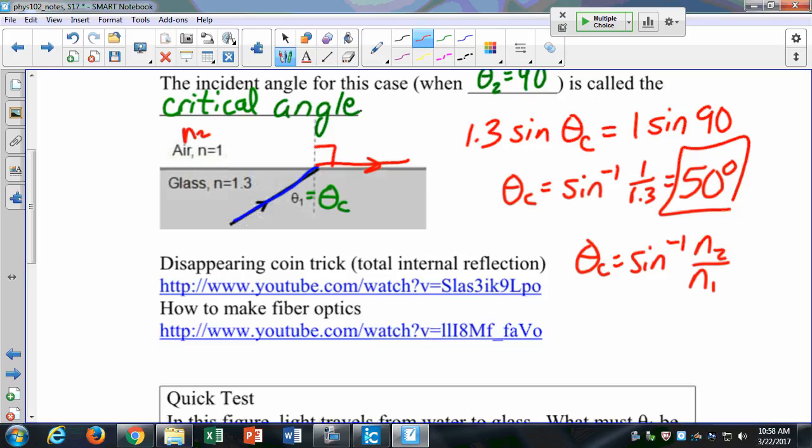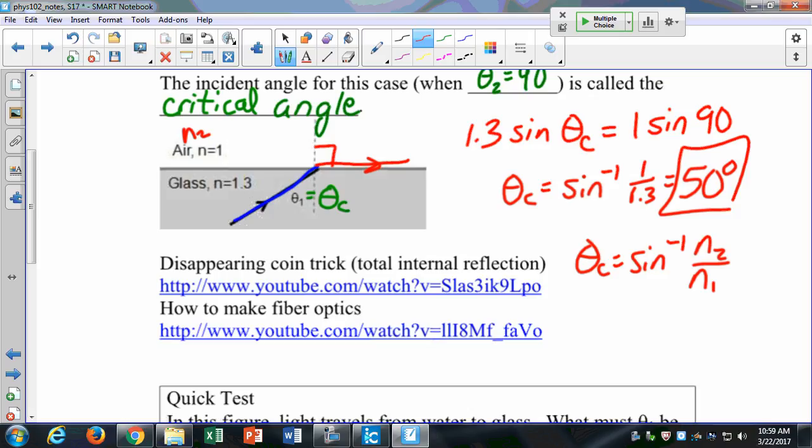Also notice that if I'm moving from air to glass, what happens? Can I have total internal reflection if I'm moving from a low index to a high index? Well, you want to ask yourself the question, if I'm moving from air to glass, is the light ray going to move towards or away from the normal? It's going to move towards. So that angle will always get smaller.